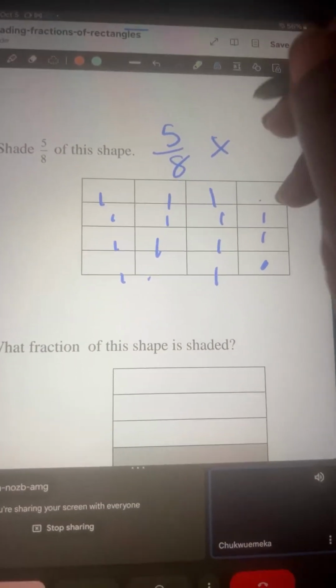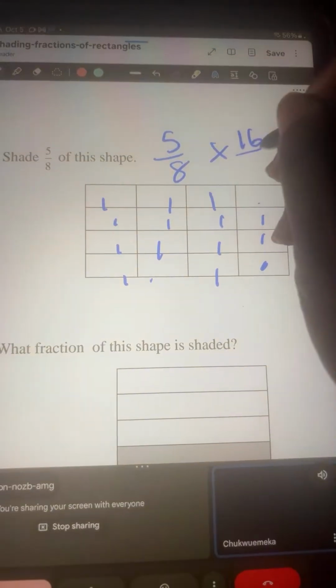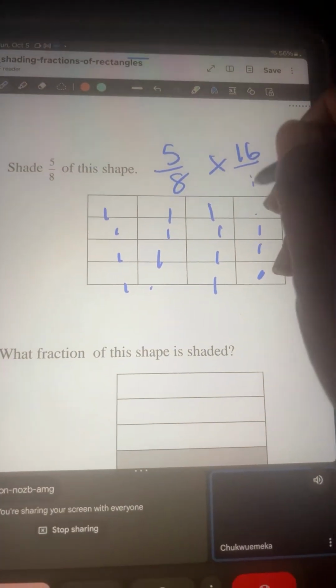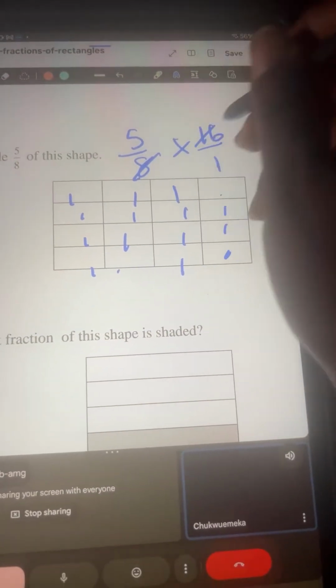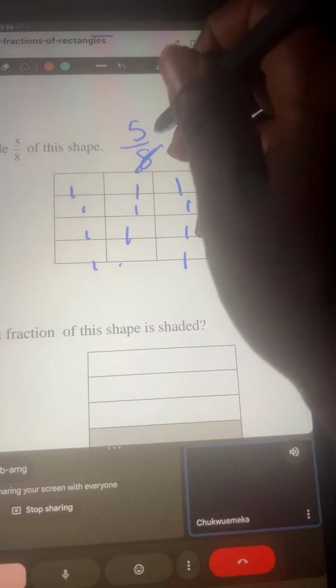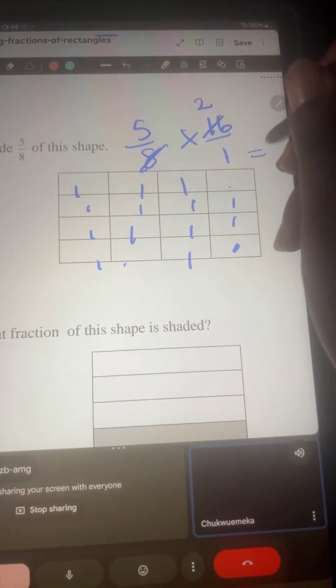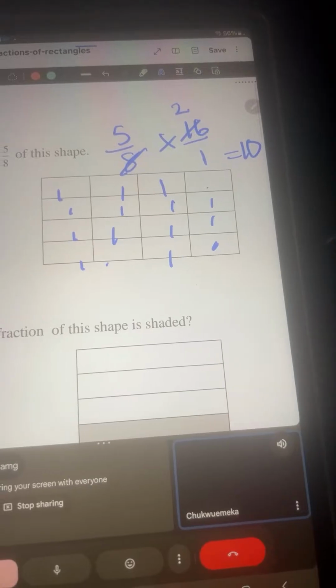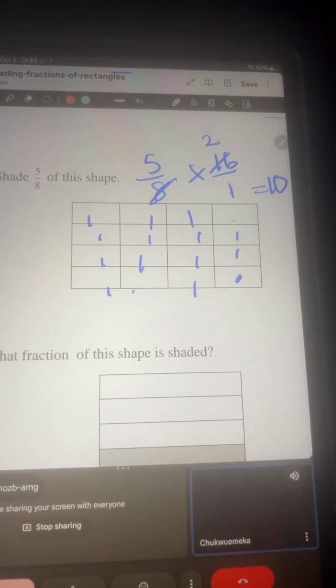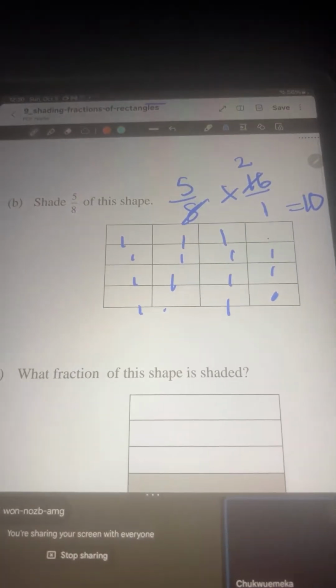So 5 over 8 will multiply 16 over 1. So 16 divided by 8 is the same thing as 2. 5 times 2 is equal to what? 10. Am I right? So when 5 multiplied by 2, it gave us 10.